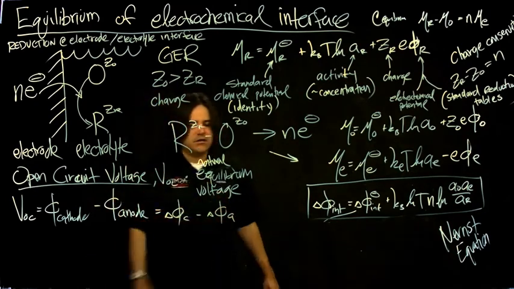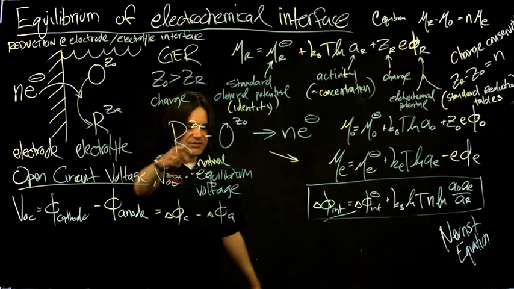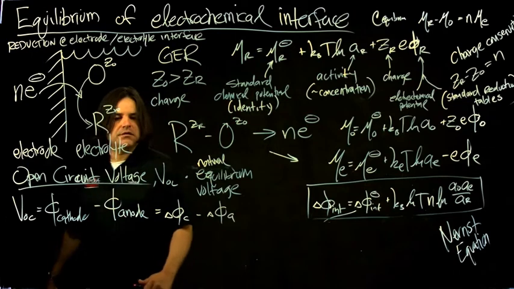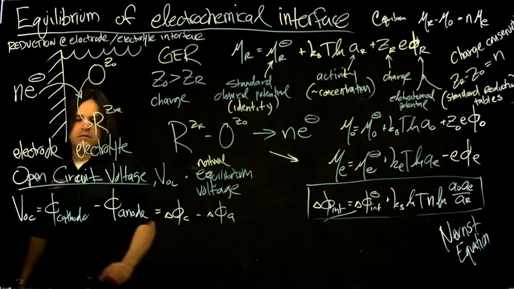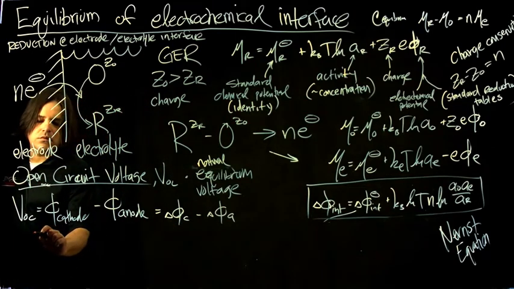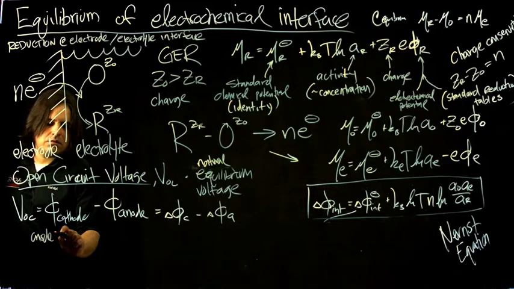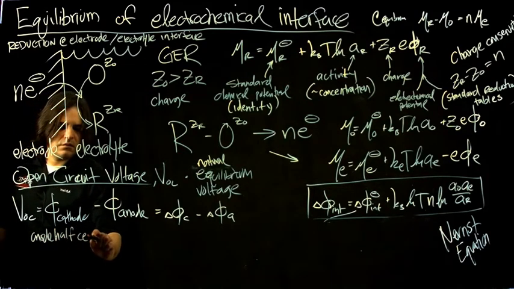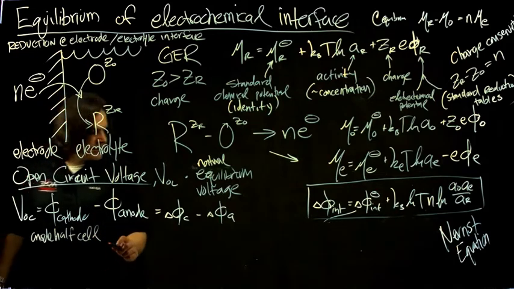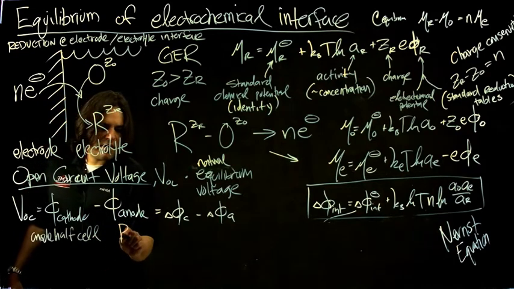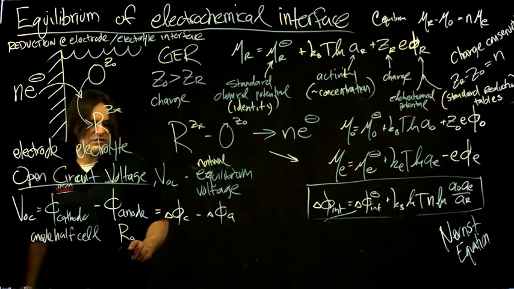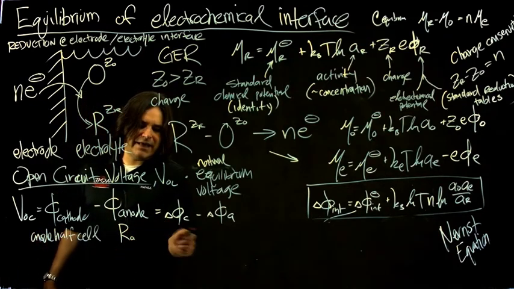Okay, so if we go back to this notation here, at the anode half cell, what happens is you have something that gets oxidized.